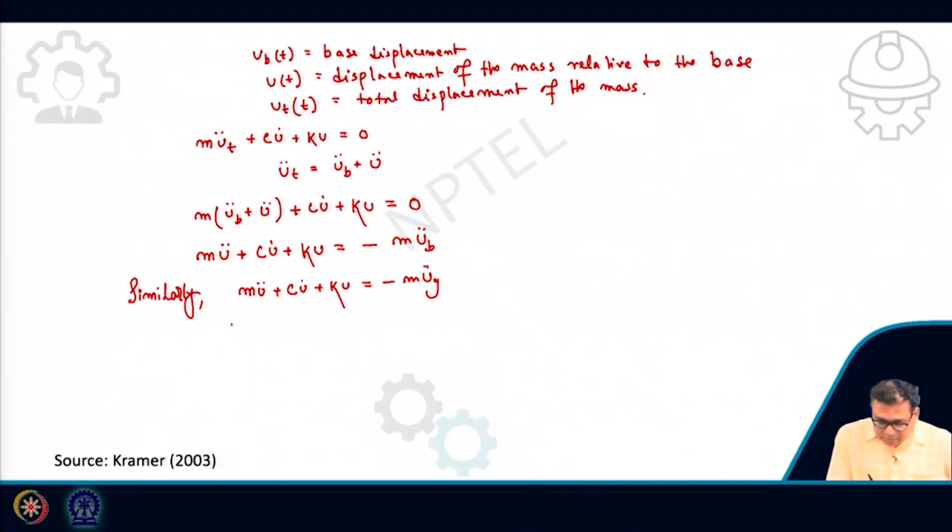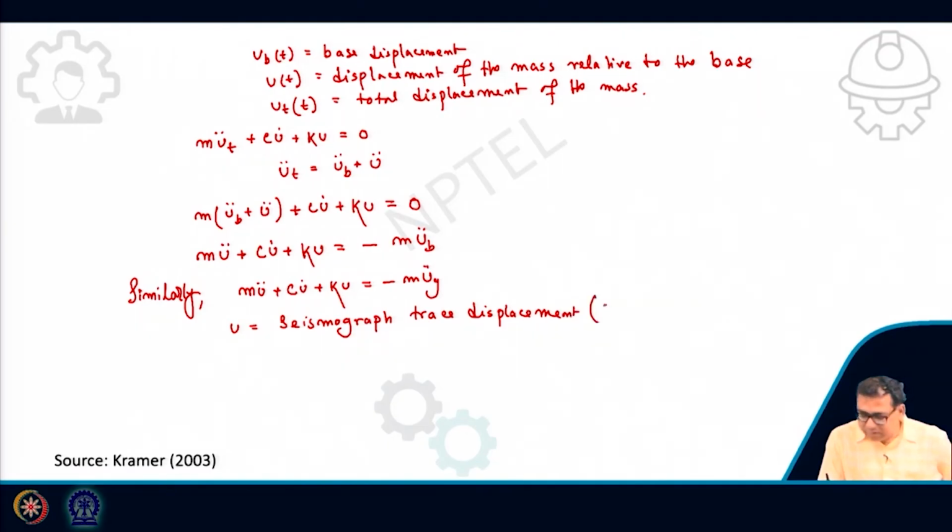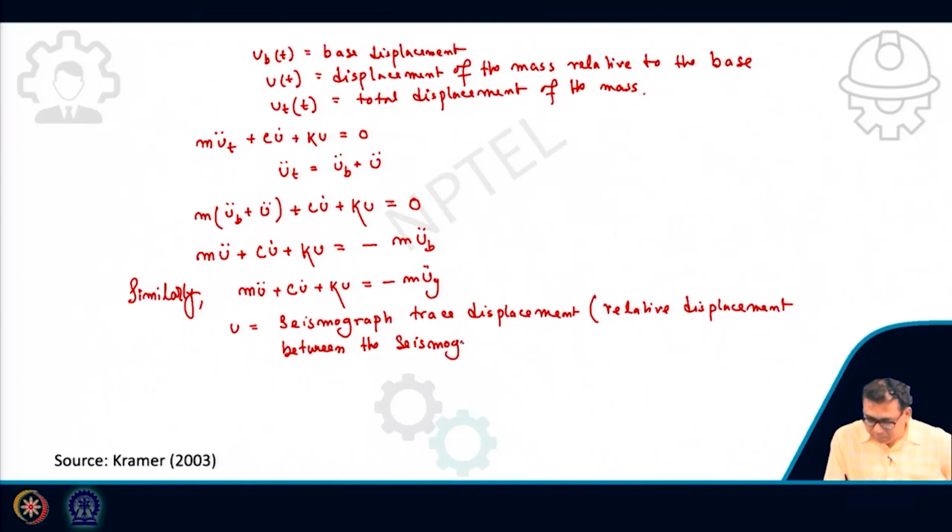So what is that? u is equal to the seismograph trace displacement, that is your relative displacement between the seismograph and the ground.